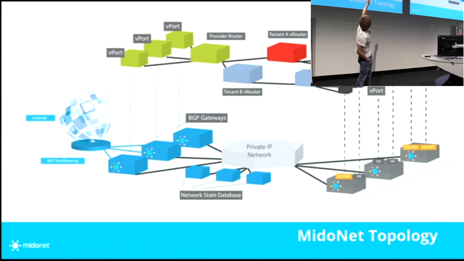Those are mapped to virtual ports, and the virtual switches and routers are created through the Neutron API. On this side, there's an uplink: a BGP gateway sitting at the servers, connected to the uplinks and out to the internet.